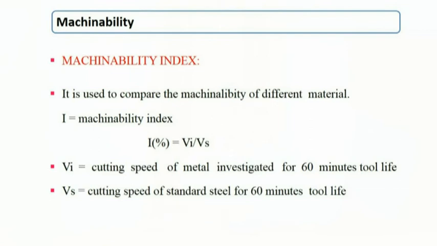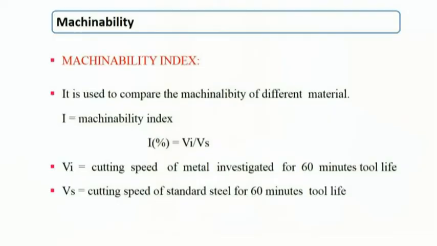Machinability index I, in percentage, is the ratio of Vi by Vs. Now what is Vi and what is Vs? Vi is the cutting speed of the metal investigated for 60 minutes of tool life.